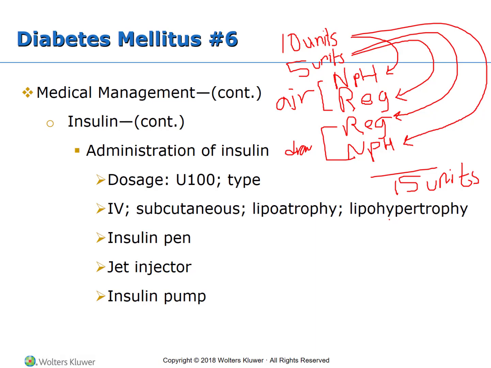So the pump itself has a reservoir for the rapid acting or the short acting, and it's battery operated, so they need to be checking when to change the battery. They usually have it on a belt to go over the patient, but that's all I wanted to talk about the insulin pump.